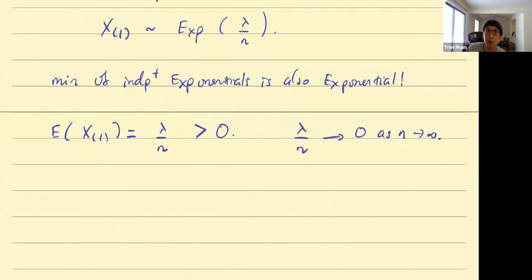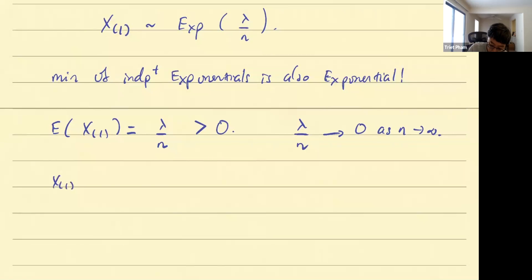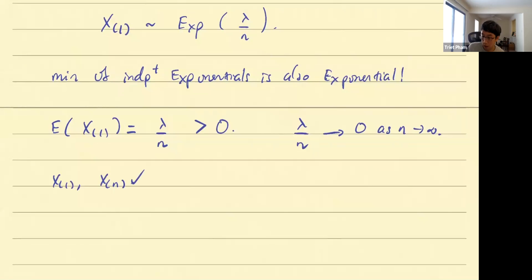All right, so now we got the sample min, we got the sample max. The sample median is really what we want to get next. But actually, while we're at it, the concept we want to get is the order statistic for any k.